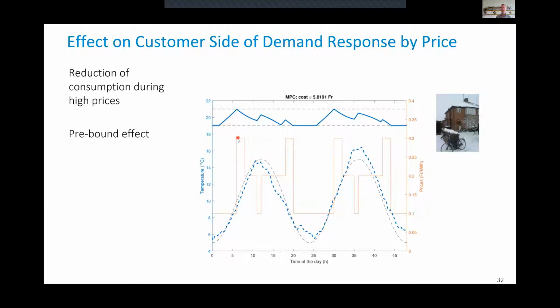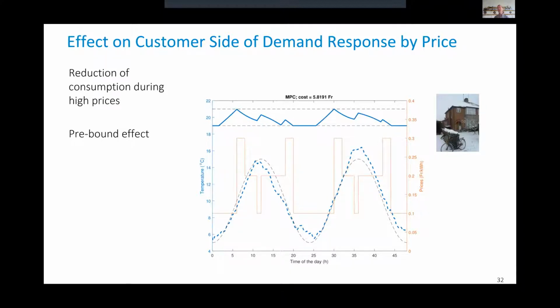When the peak is here, there's no heating. We don't see the power consumption, but we can infer it from the fact that the temperature is dropping. So there's no heating at this period of high price. And at this period of medium price, there is only one heating event that occurs towards the end. So we see that there is indeed some synchronization of the demand to the prices.